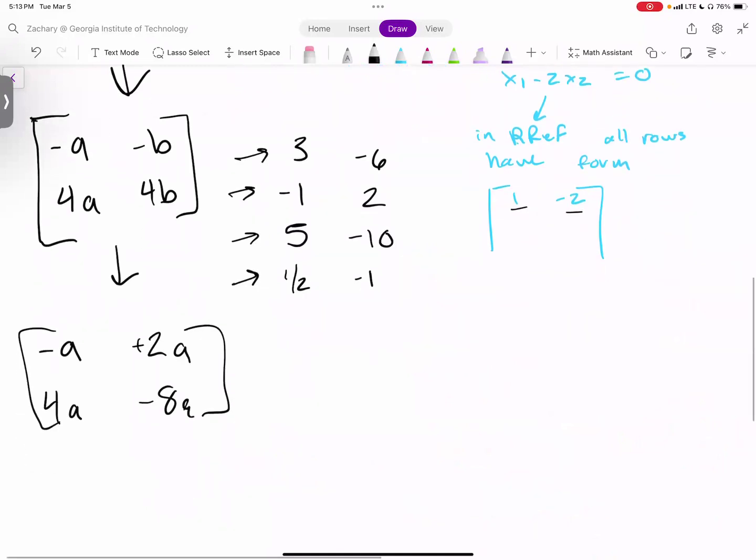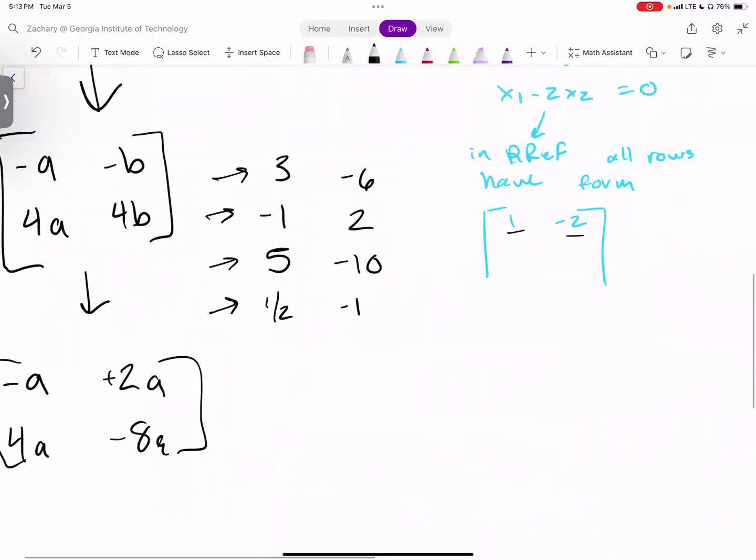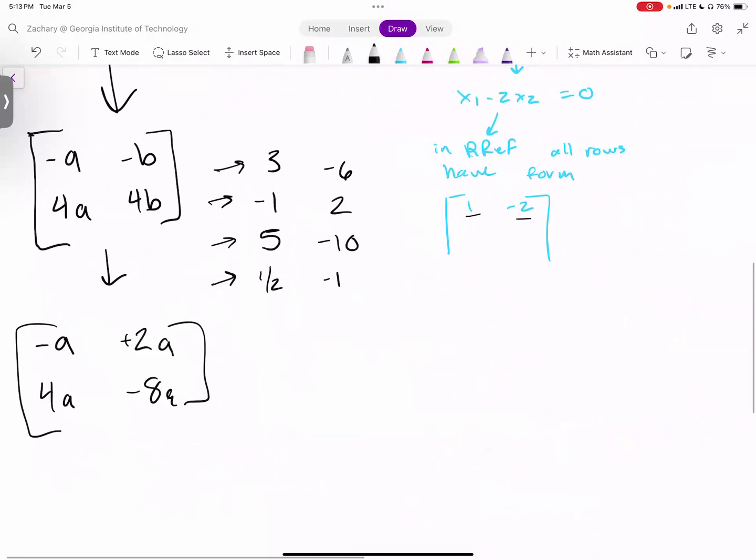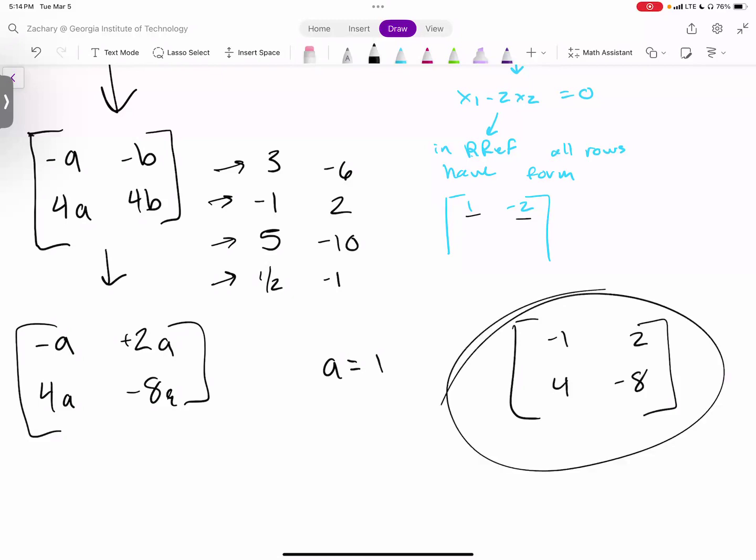Okay. So from here, everything's in terms of A. So we just pick some A that we want, and we just fill this matrix in. Minus 1, positive 2, 4, minus 8. And that's how you would solve a problem like this.